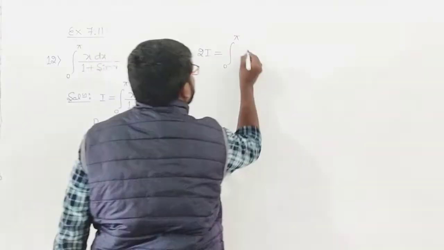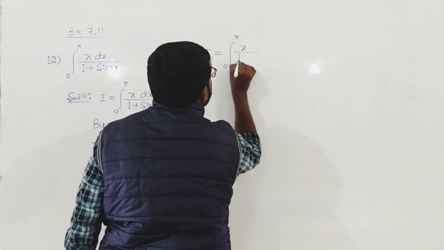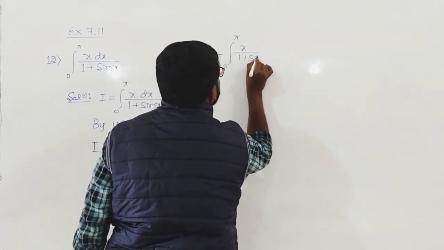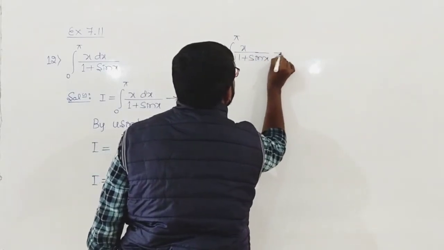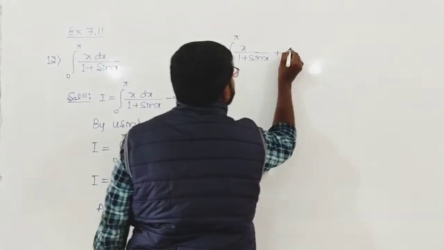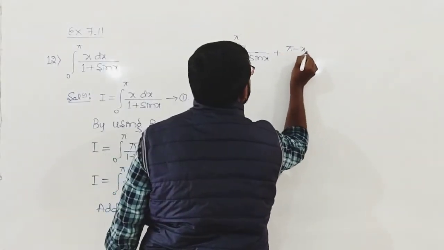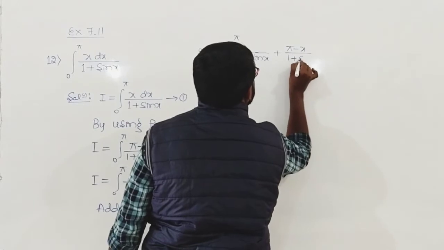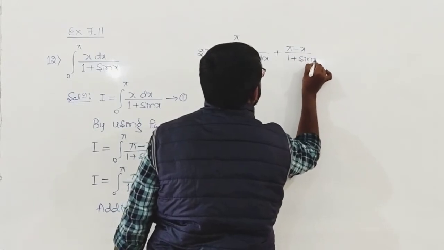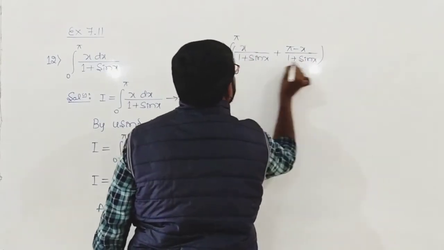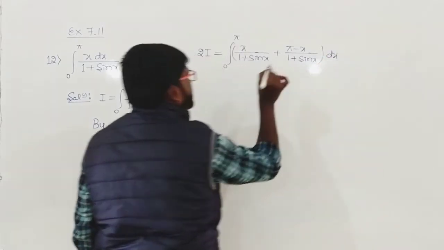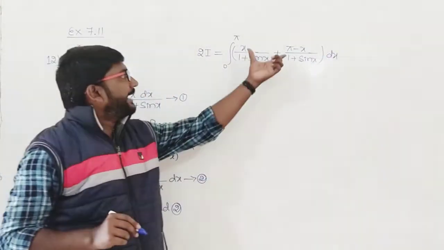So here x divided by 1 plus sin x plus pi minus x divided by 1 plus sin x dx. As we have the same denominator, add the numerators now.